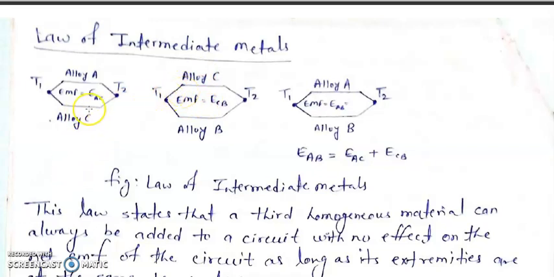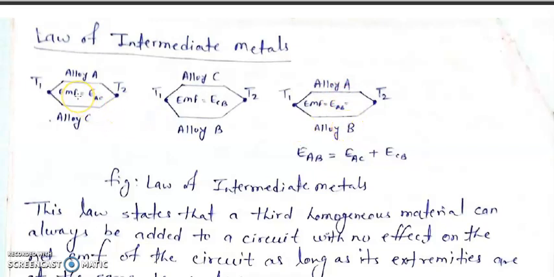If we measure the temperature change using these two combinations, this is the first figure, this is the second figure. The combined effect will produce this third one, which has alloy A and alloy B.